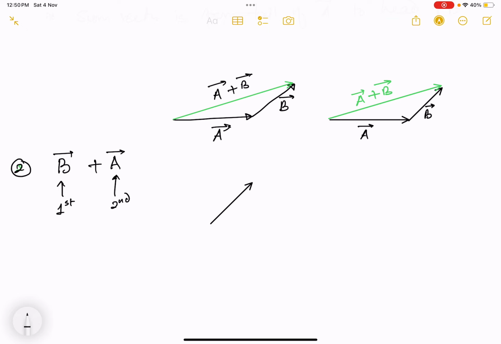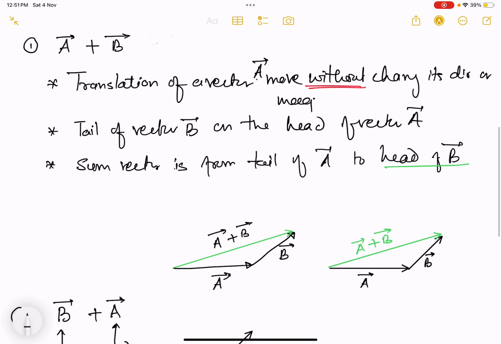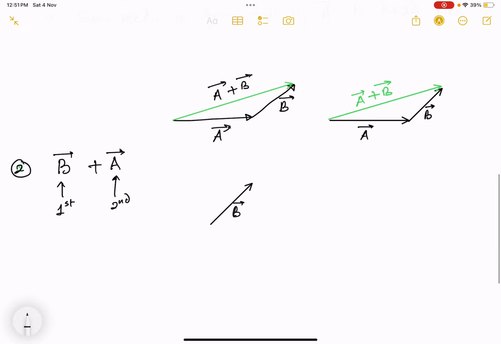Okay? So this is my vector B. Correct? Then you can draw the second vector. How do we have to translate it? Look at the rule. Tail of the second vector on the head of the first vector. Where is the tail of the second vector? Tail of the second vector is this. ये कहाँ जाएगा?